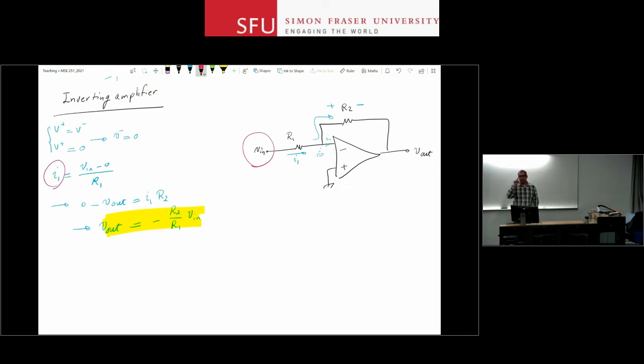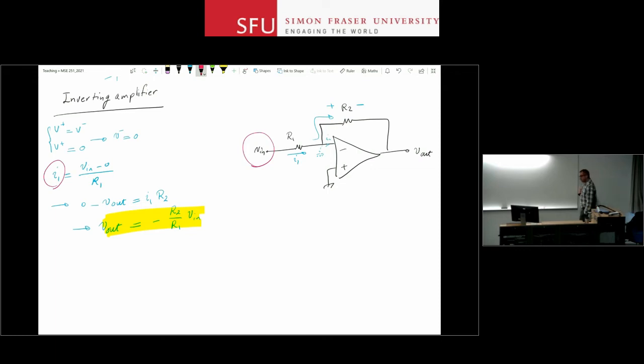However, what the op-amp let us do is that once we created that current, it let us reroute it and use that current, and basically we multiplied that current by R2. It let us reroute that current. And I'll show you another circuit right away that takes advantage of this amazing property of this circuit.